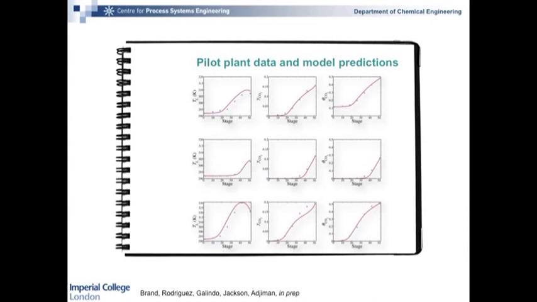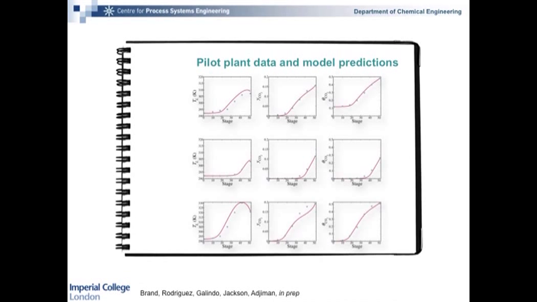Now, we've made simplification, so does it work? Well, we do use a bit of pilot plant data to parameterize this overall model. We have one parameter, and we use one pilot plant run to parameterize it. And then we go and predict different runs. So each row here corresponds to a different pilot plant run under different conditions, flow rates, etc., as predicted with our model.